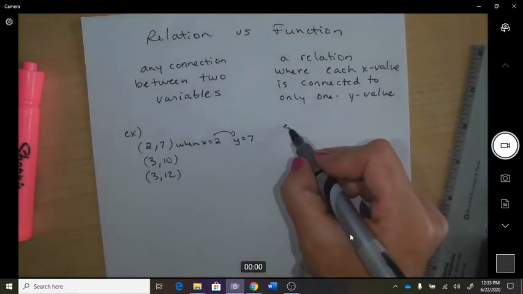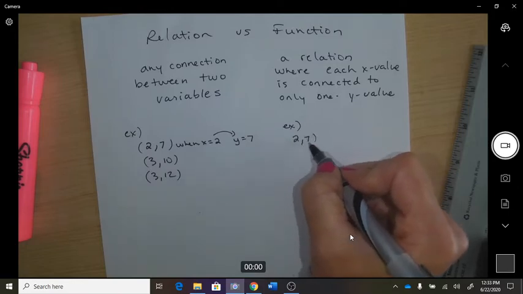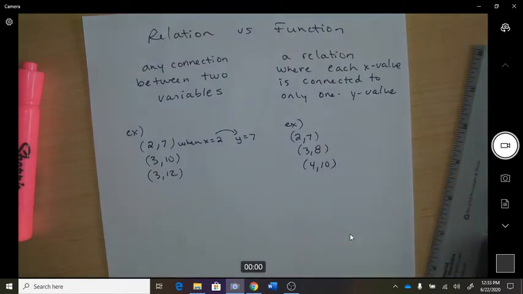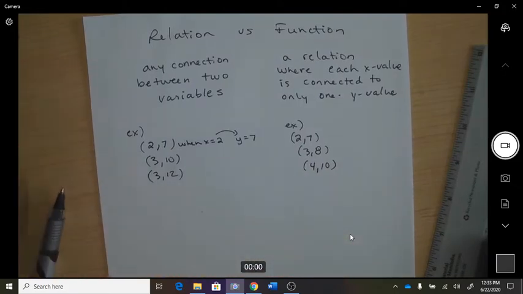So an example of a function: (2, 7), (3, 8), and (4, 10). So what is the difference between these two? It would be here.